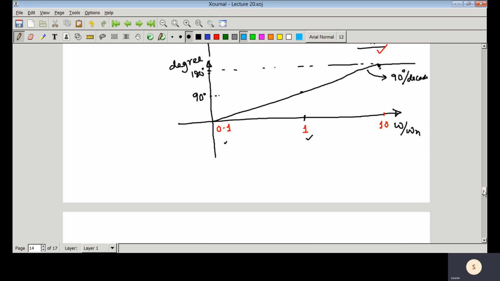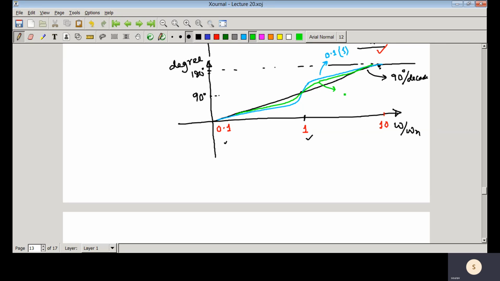When zeta varies, that means zeta is very small, so the plot looks like that. So whenever here zeta is very small, say 0.1, and if you increase the value of zeta, then it looks like that.